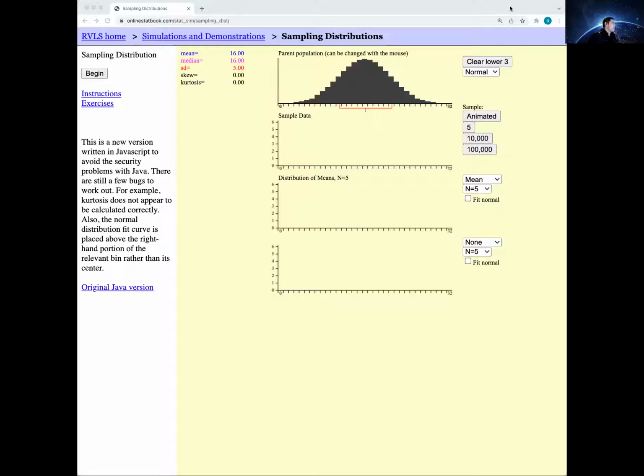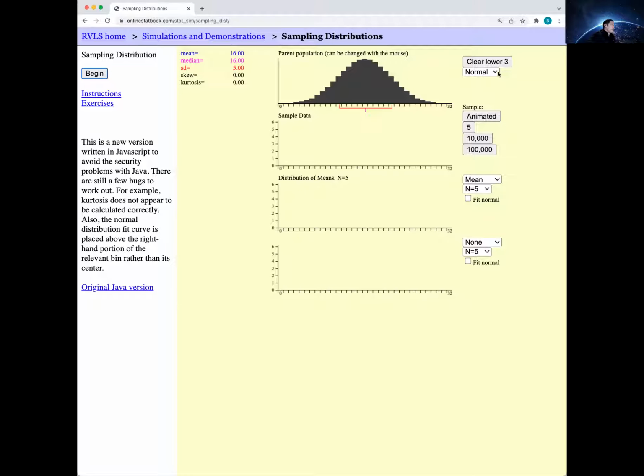All right, so to gain some insight on how these distributions work, we're going to play around with this app. You can find it if you just go online. So let's first understand what's going on. This is the population, the true population shape.